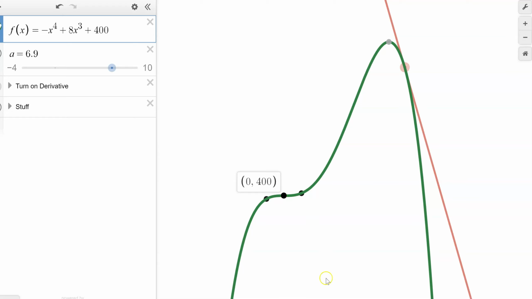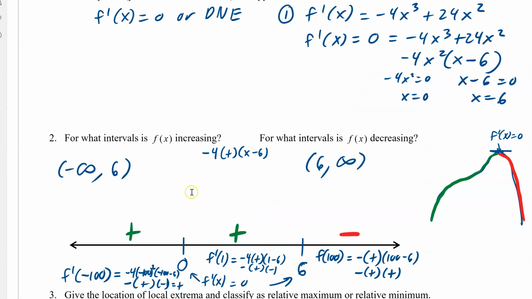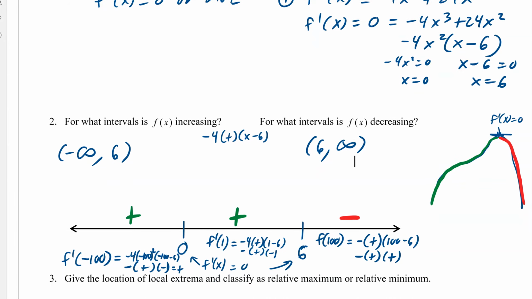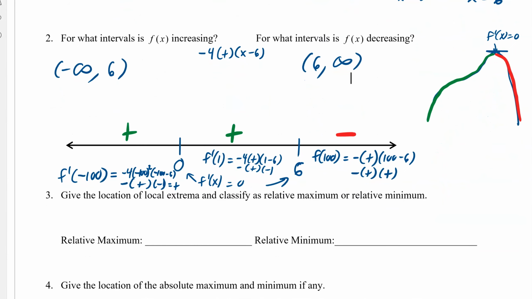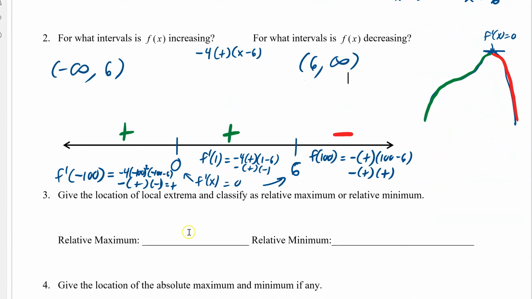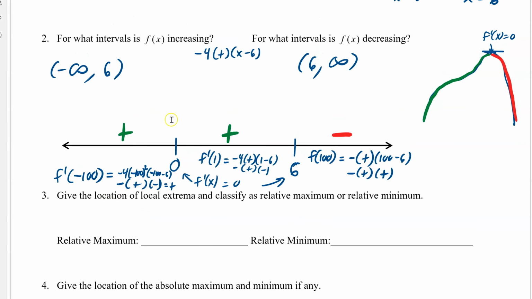It didn't go down. So this makes this an entire increase, even though the slope of that derivative here is 0. So only when we get positive to negative do we get a change from increase to decrease, for now with polynomials. I will give you a bunch of examples of other situations. Okay, so you have to also look at the graph itself to determine whether it's a full increase or not.